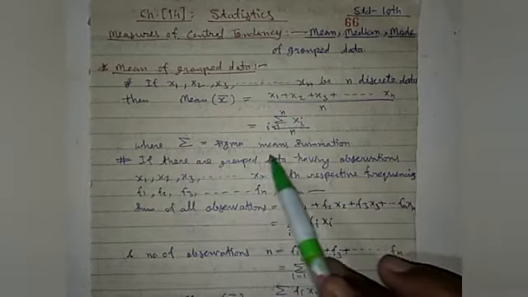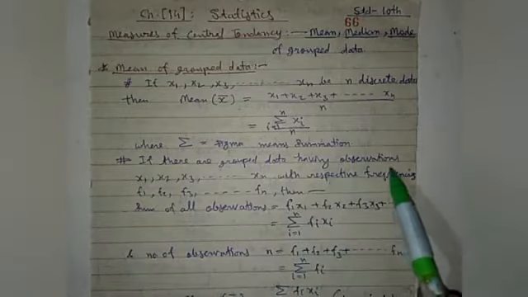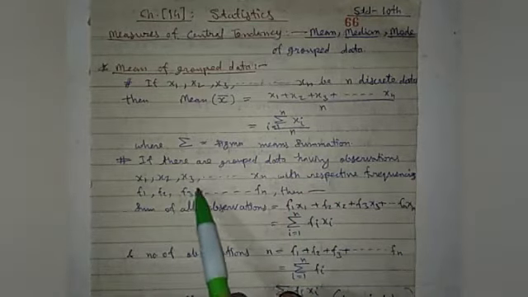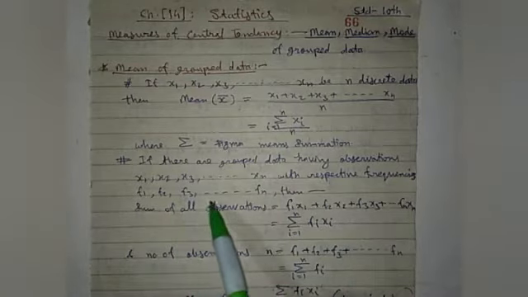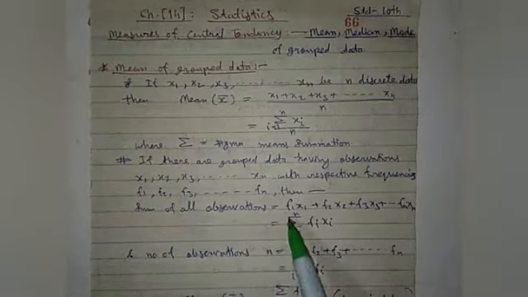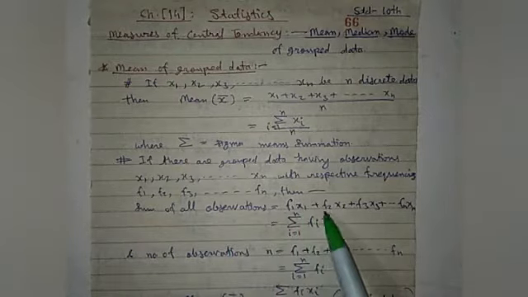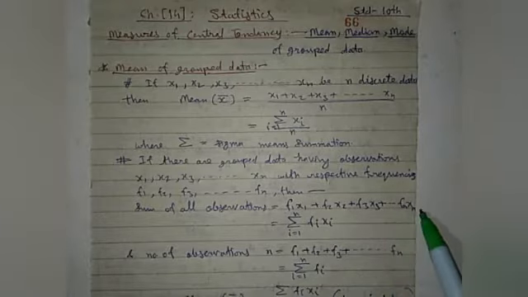Here sigma means summation. If there is grouped data having observations x1, x2, x3, up to xn with respective frequencies f1, f2, f3 and fn, then the sum of all observations will be f1 x1 plus f2 x2 plus f3 x3 and so on plus fn xn.